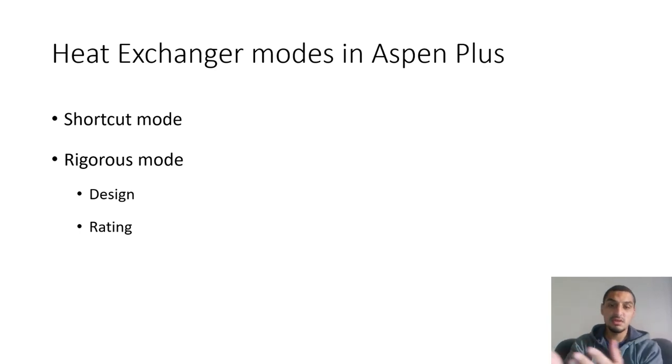You have the inputs from one side, and you have the design, and you want to check how this design will operate, and the software will calculate for you the exit temperature of the other side, so that you know whether this is suitable or not. So these are the two types of calculations in the rigorous mode, and this is the shortcut mode.